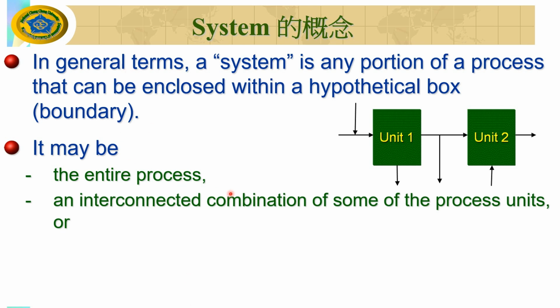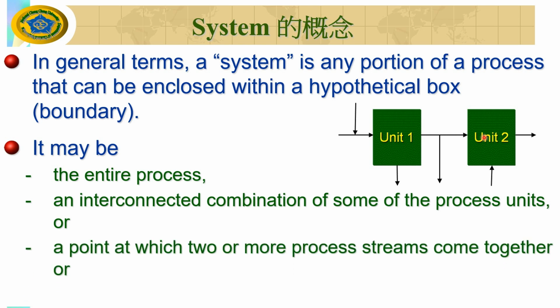Or a connected combination of process units: unit 1, unit 2, or unit 1, a joint splitting point, and this one. A point at which 2 or more process streams come together, something like this. Or one stream splits into branches, this one.